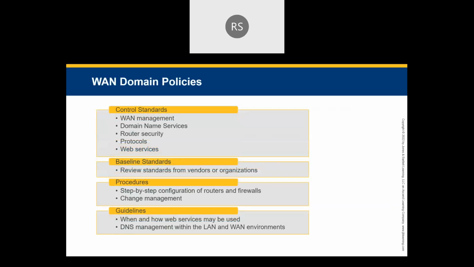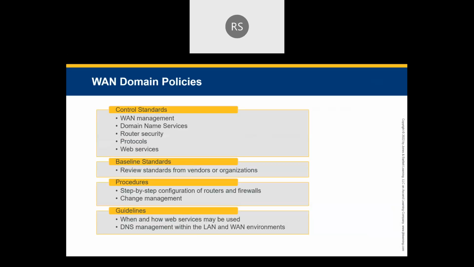They're going to address aspects such as access control to the WAN devices, the secure configuration, use of specific protocols, and guidelines for utilizing web services securely. The baseline standards in the WAN domain involve reviewing and adopting standards recommended by vendors and industry organizations.